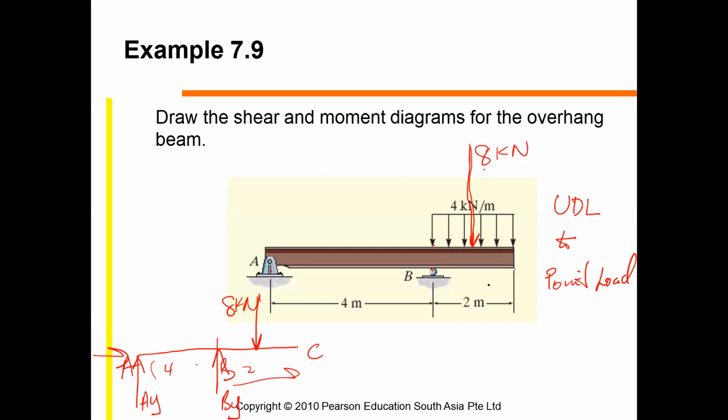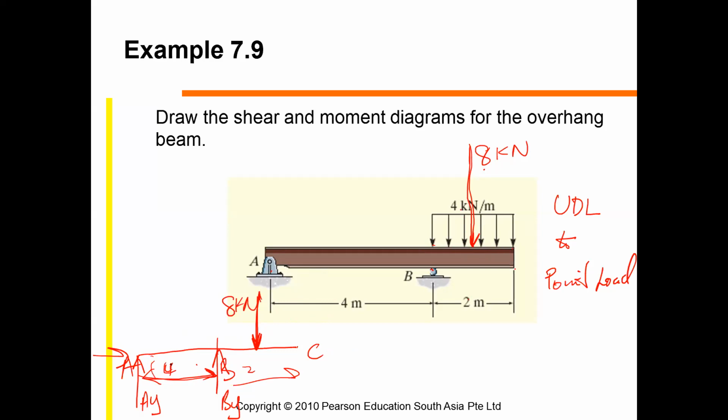That's how I get 8. So this is basically what I've done here. So I'm able to work this problem like a normal problem. So I can find AY and BY, right? So you have a 4K and now you have an 8K. Yes, I changed it. Look down here. See it here?